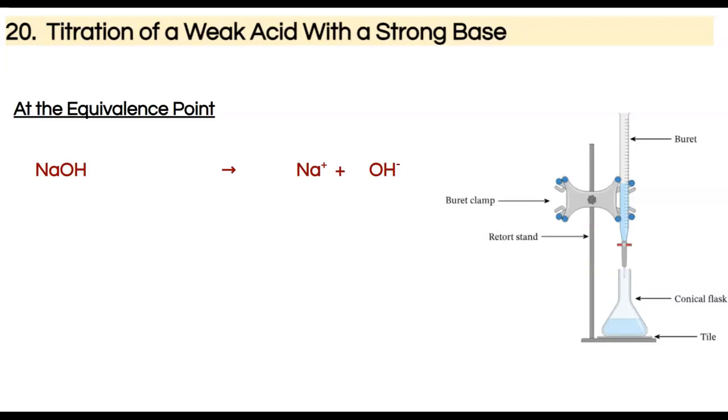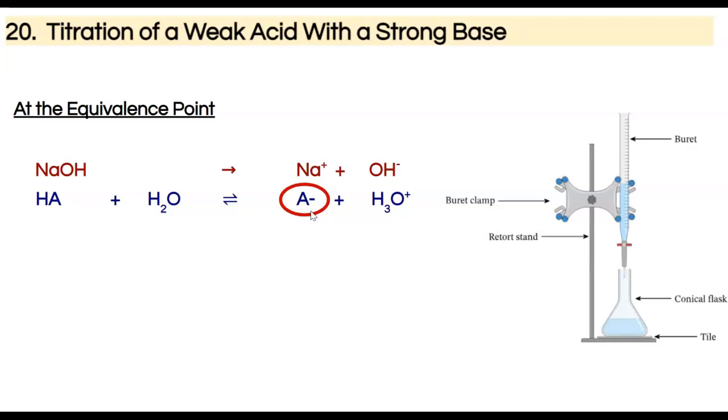So at the equivalence point, we've added all the hydroxide that we can, and that has neutralized all of our weak acid hydronium ions, right? The equilibrium was forced to the product side, which has forced our weak acid to dissociate 100%. But the problem is this. In producing all of those hydronium, we've also produced this guy, the conjugate base of our weak acid.